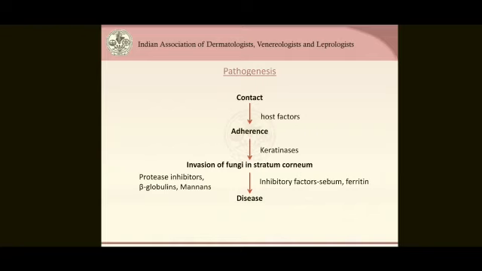And then keratinase acts, causing the invasion of fungi into the stratum corneum. Releasing of proteases, inhibitors, beta globulins, mannans, inhibitive factors on sebum and ferritin. That is how the disease will manifest.